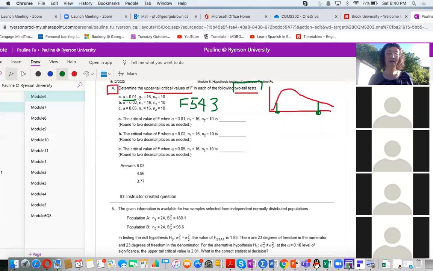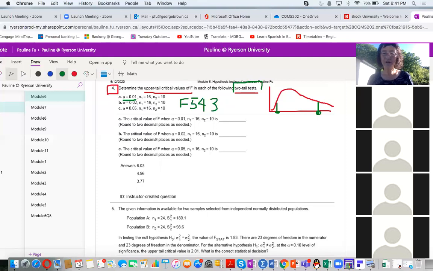NDF, sample 1 is n1, 16. 16 minus 1, 15. So 15 is the NDF. Okay. And next, you are asked DDF, means degree of freedom for denominator, means sample 2. Sample 2 sample size is 10 minus 1, so it's 9. Okay. After that, you just press EXE.